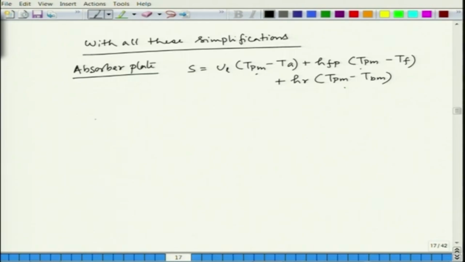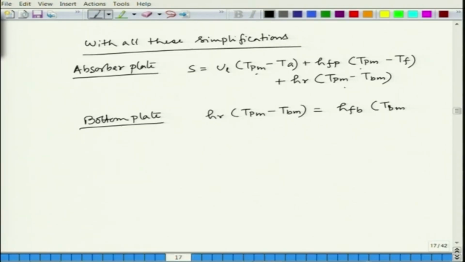Okay. And for the bottom plate, the heat balance equation takes an even simpler form, because it has only 2 relevant terms. One is the radiative heat transfer between the absorber plate and the bottom plate, that will be equal to whatever heat is being lost to the fluid from the bottom plate, HFB (TBM minus TF), right.